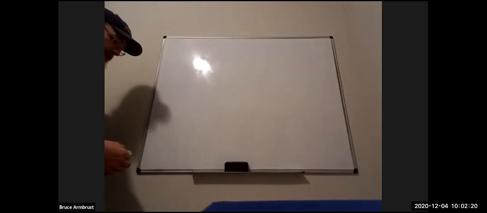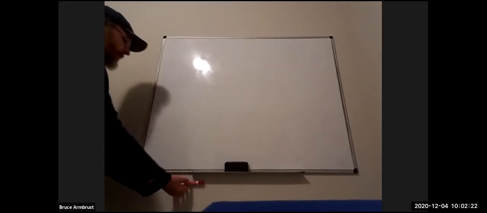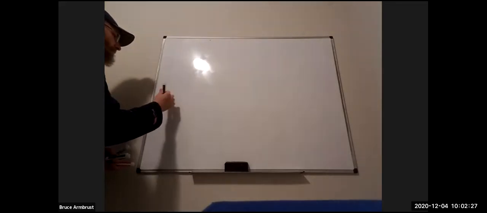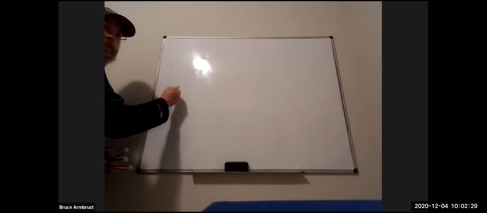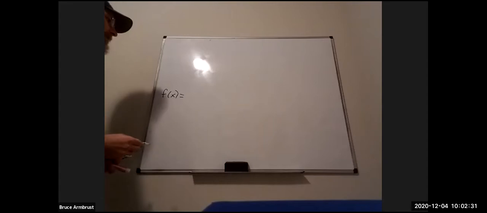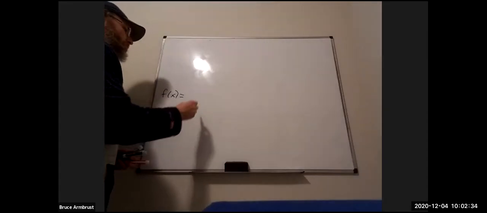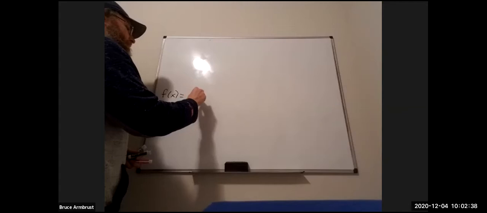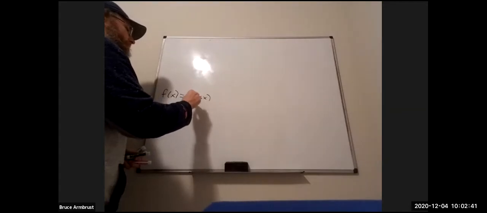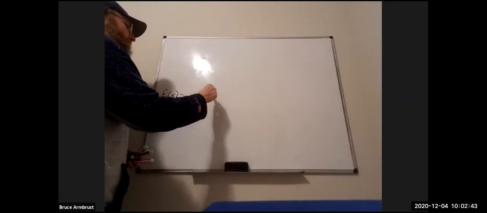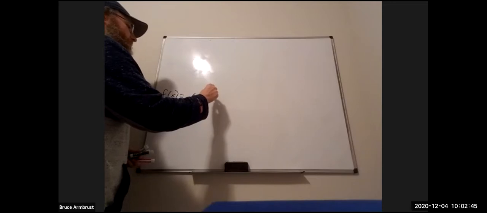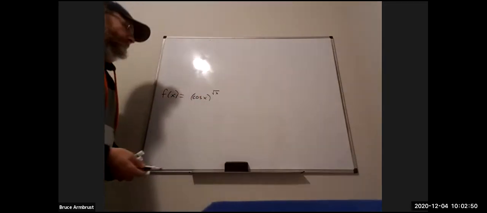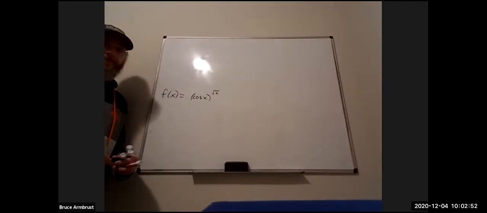All right, so let's start with the one where you have to use it. So here is a function that I want to differentiate. Let's go with f of x equals cosine of x raised to the square root of x.